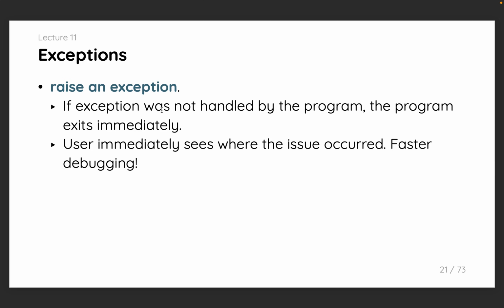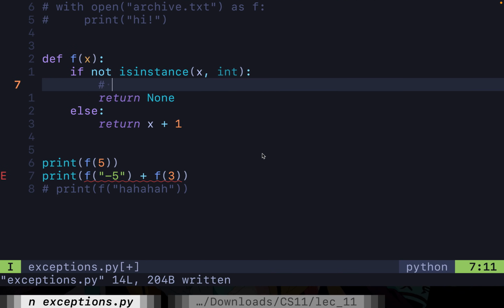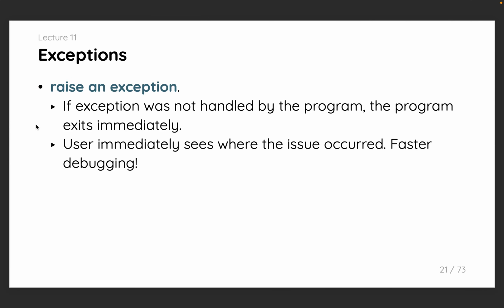Okay, so we give up on not using exceptions. If we use an exception, what's going to happen here? Well, the user is going to immediately see where the problem is. And once they can see that, it's a lot easier to debug once you know the root cause of a problem.